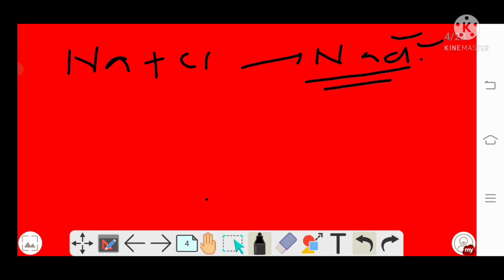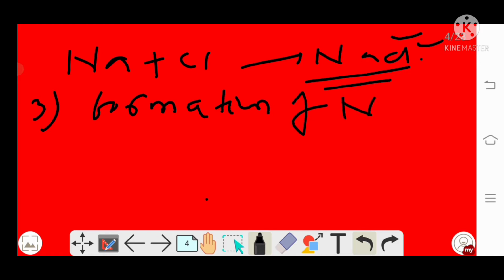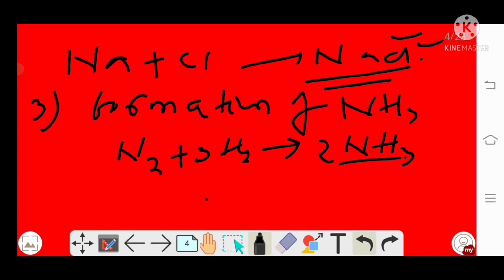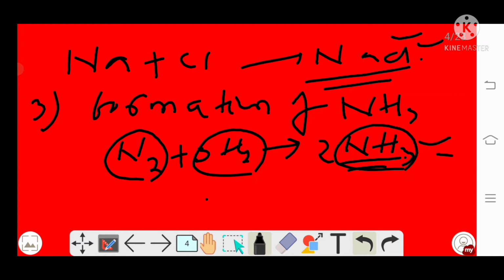Another type of combination reaction: formation of ammonia, N2 plus 3H2 gives 2NH3. Two compounds are combining to form a single compound, that is a combination reaction.